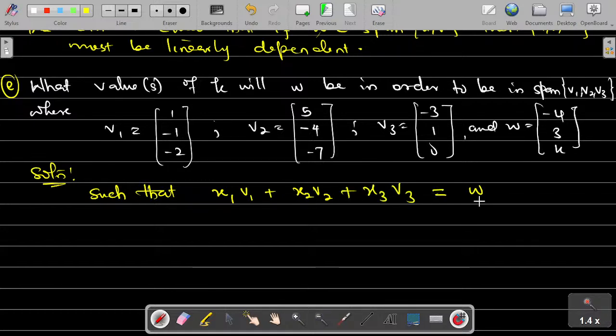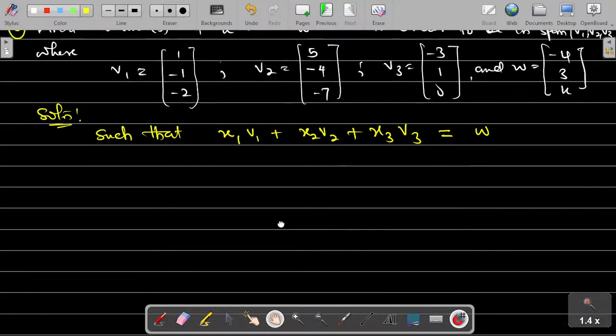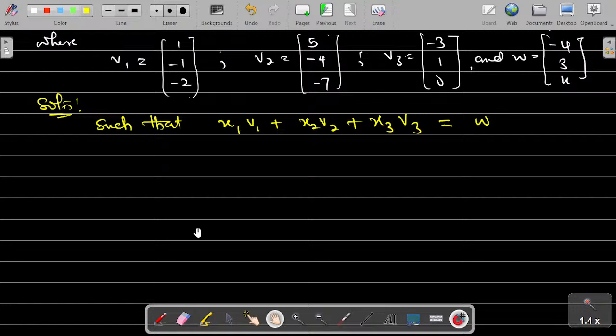That means you can write w as a linear combination of the three vectors. Your job now is to find the values of x1, x2, x3, and in doing that you will be able to get the value of your k.